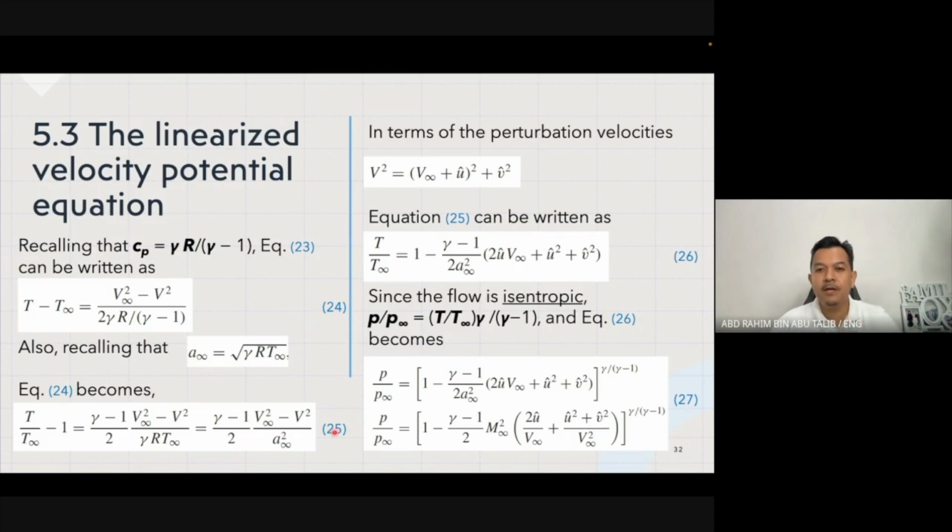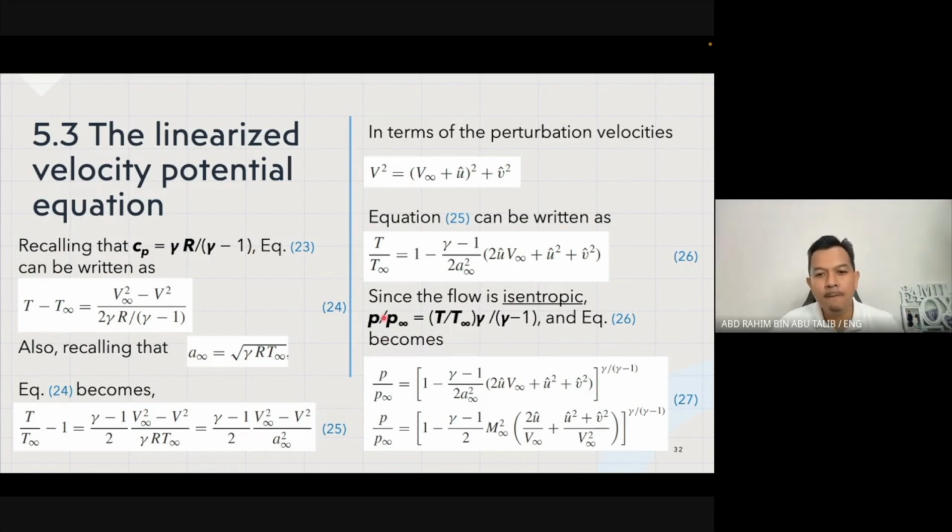Okay. So in terms of the perturbation velocities, the velocity squared V squared is equal to this in the X component and this in the Y component. So we know already from earlier that equation number 25 can be rewritten as equation 26. So basically, you are replacing V squared there in terms of this expression. So we will now obtain equation 26.